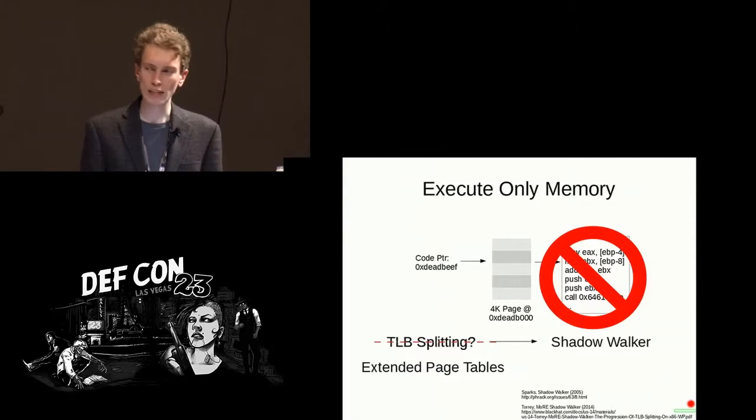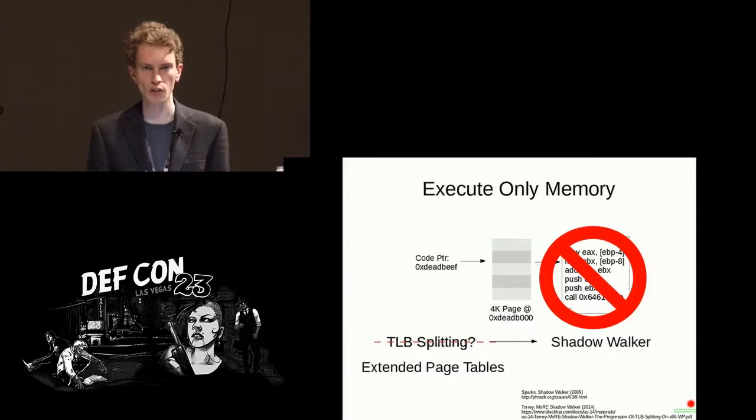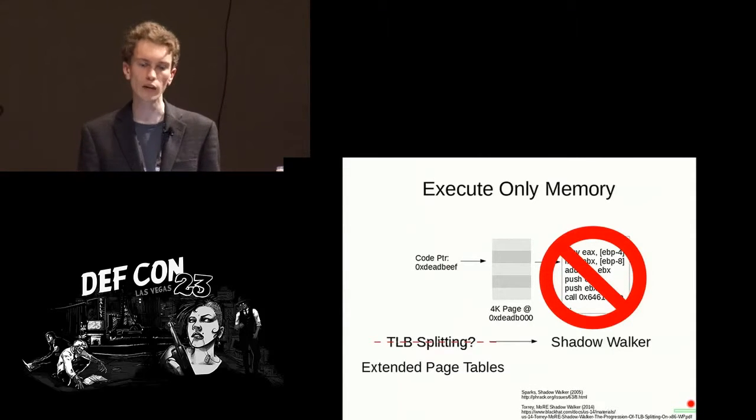But what one hand taketh at Intel, another giveth back. And we have an option of maybe using extended page tables. These are designed for hypervisors to allow them to accelerate the physical address translation to machine address translation. It's really almost exactly the same process that's done by the operating system for virtual to physical translation. It's just another layer of it.